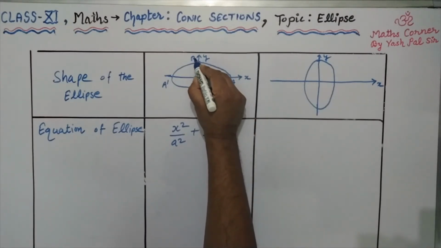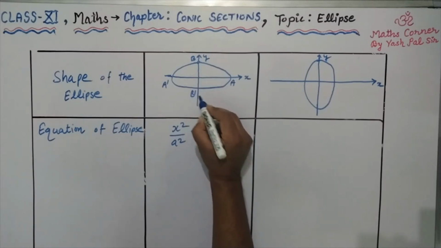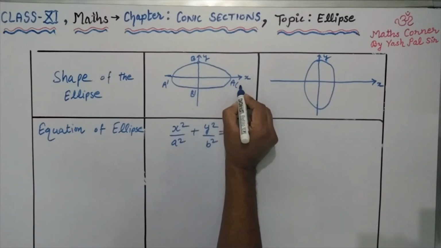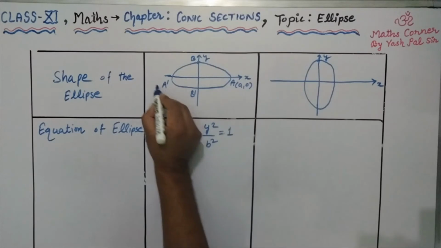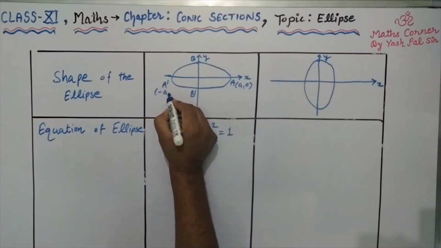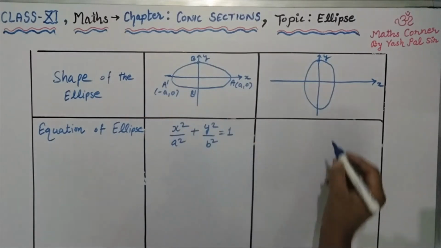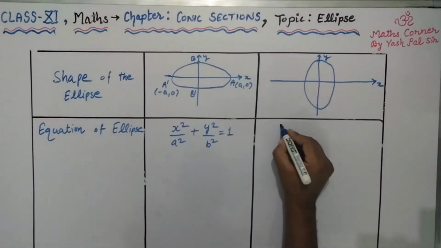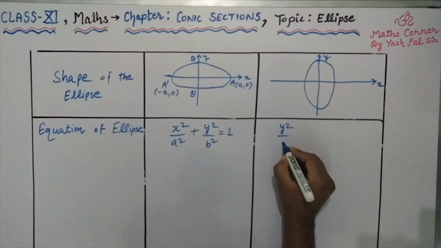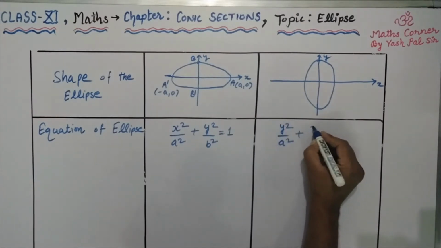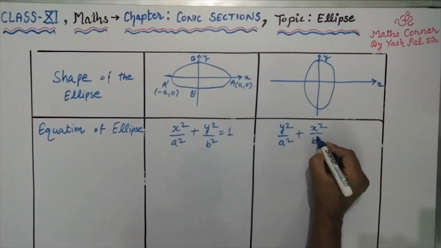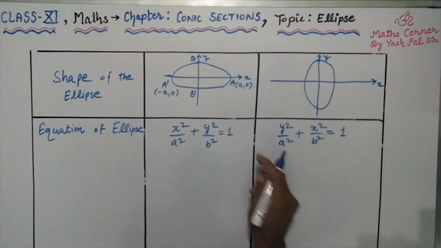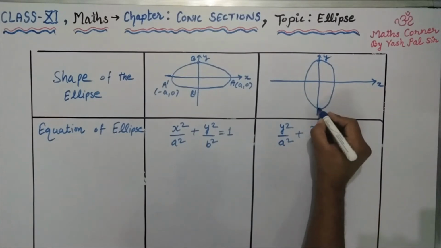This point is B dash. The coordinates are A comma 0 and minus A comma 0. Likewise, here we have y square upon A square plus x square upon B square is equal to 1 as the equation of this ellipse.